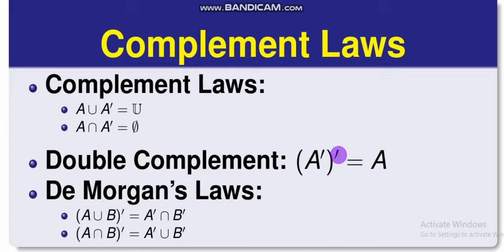So if I want to find the complement of this A complement, it's like I am finding the opposite. I will go to the universal set and extract all elements that are here and take the elements that are not here. So if I take the elements that are not here, I will end up having A. So that really makes sense.